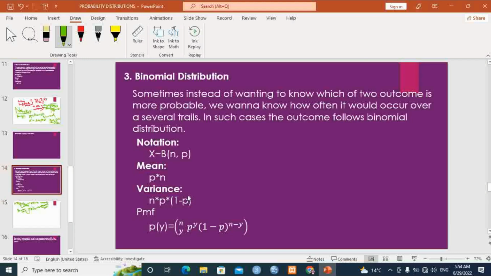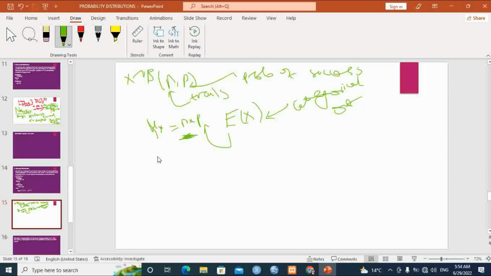Good. To get the variance, it is n times p times 1 minus p. I'm sure you know this. Variance of x. And of course most of the time we are interested in standard deviation, and the standard deviation is, most of the time, the square root of variance.